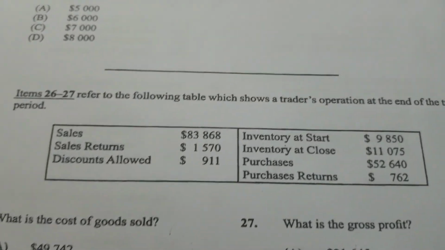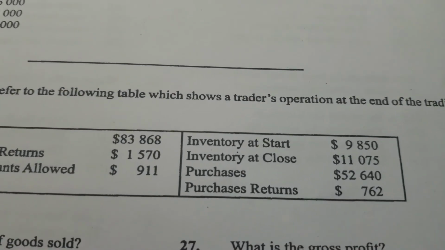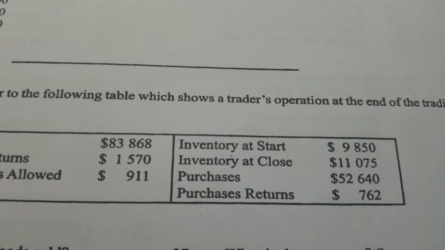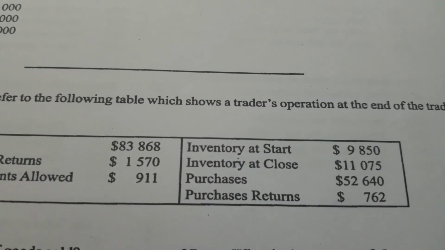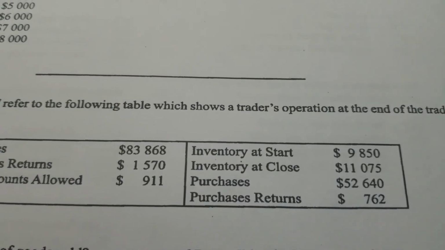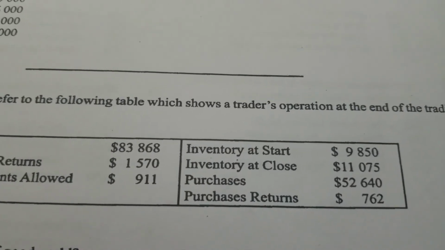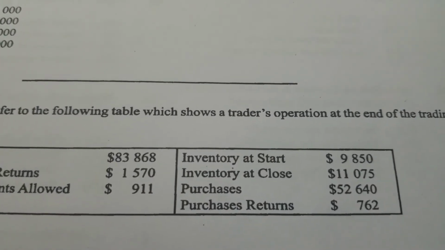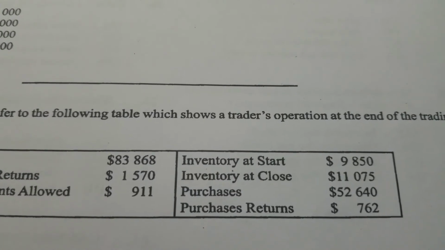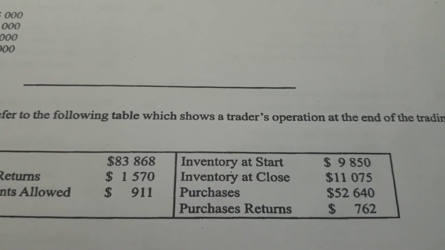All right, so we go to this side, we look, we're going to add the inventory at start plus the purchases, and then we are going to subtract the purchase return and the closing inventory from that total, and we will get the cost of goods sold. Let me go over it again. We'll add the inventory at start plus the purchases figure.